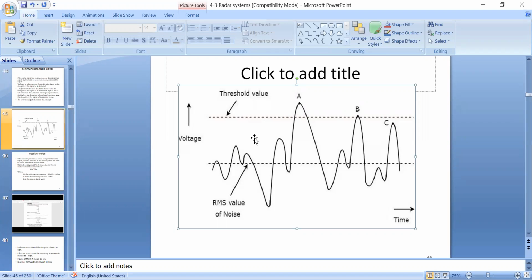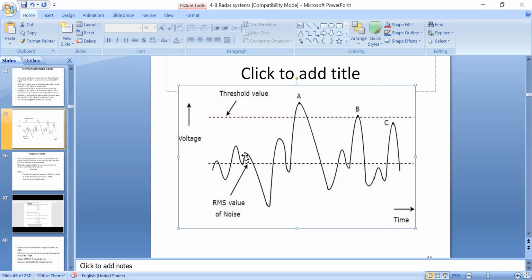Okay, so here you are observing the 3 points, A, B, C. This is the received echo signal plus noise. Whenever you are transmitting an electromagnetic wave towards the target, there is no noise. You are transmitting original signals, right? But whenever you are receiving an echo signal, the signal is a combination with noise.